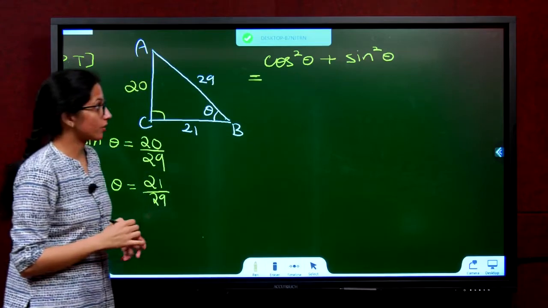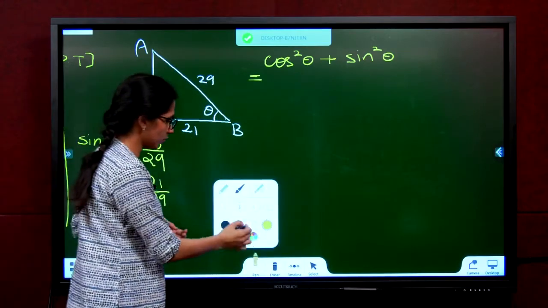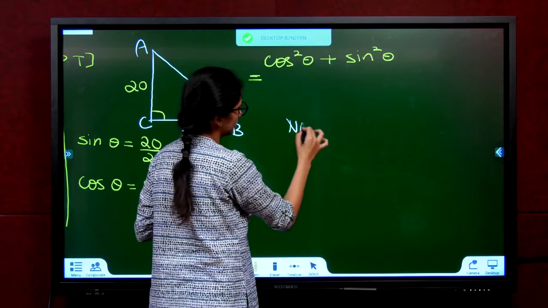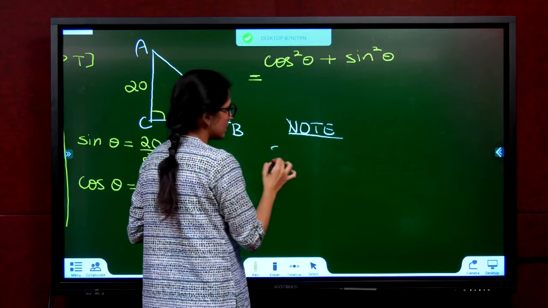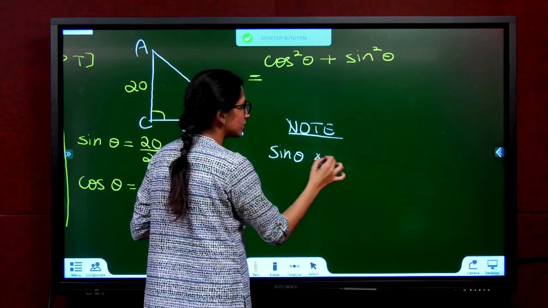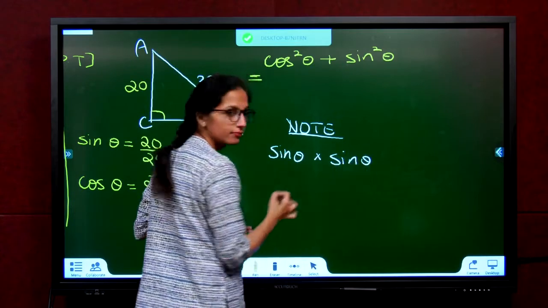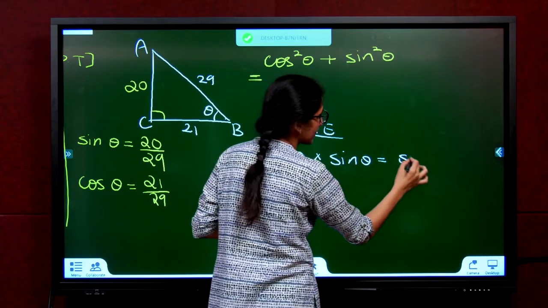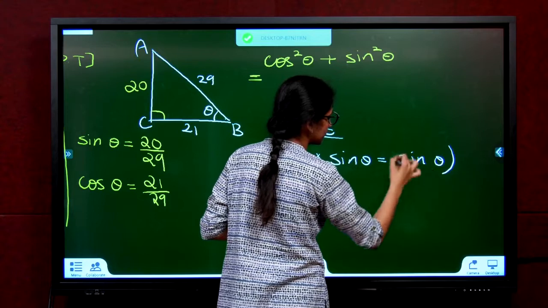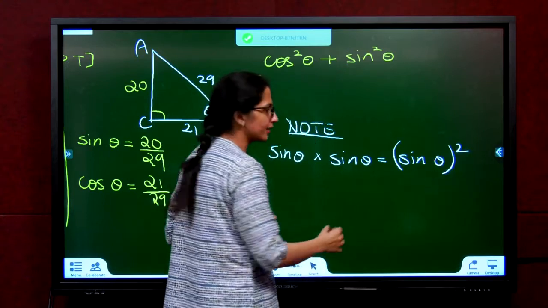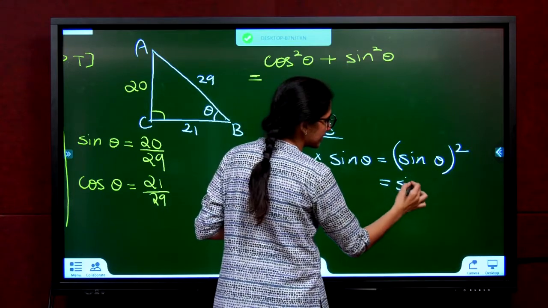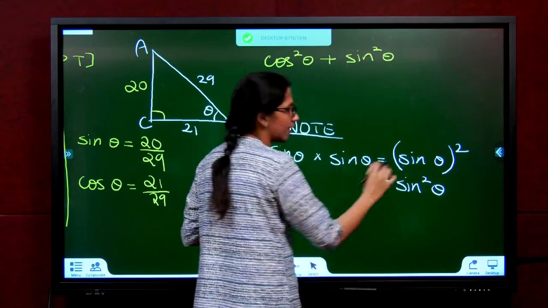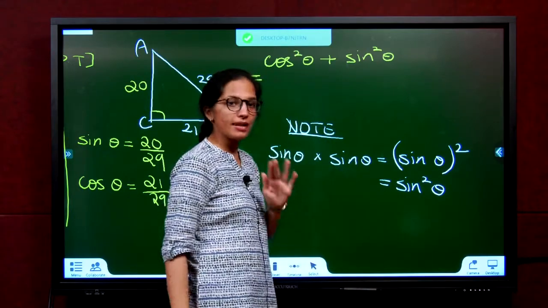Now another note, please put a note. Sine theta into sine theta is sine theta the whole square. This sine theta the whole square can be represented as sine square theta. We write it like this, it is valid.